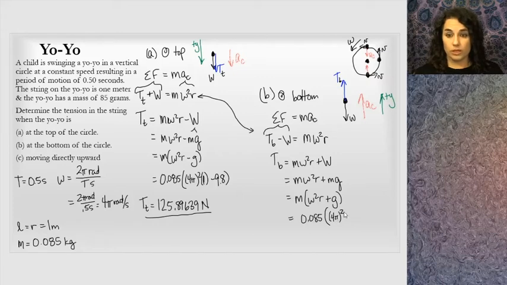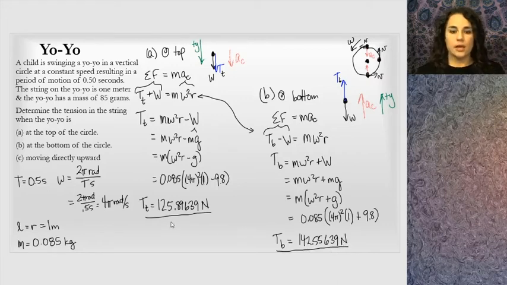That means the 4 gets squared and the pi gets squared, times 1 plus 9.8. Run this all through your calculator. You get the tension at the bottom is 142.55639 newtons.